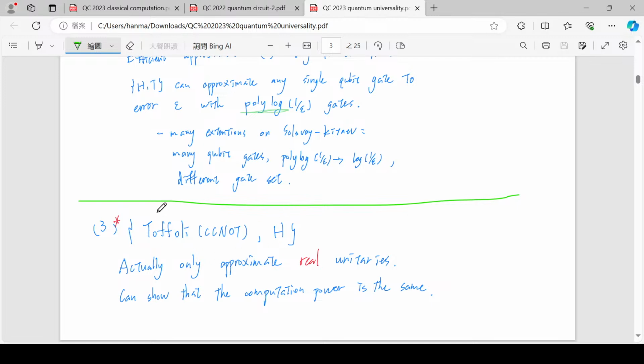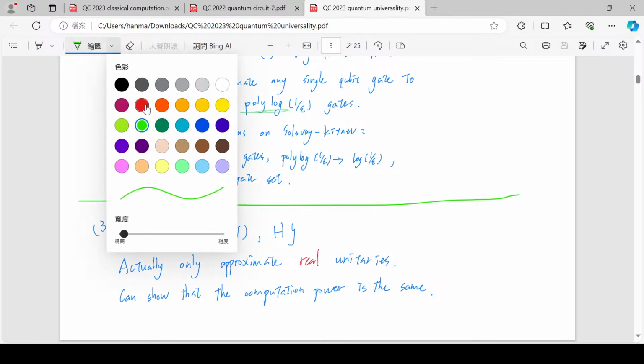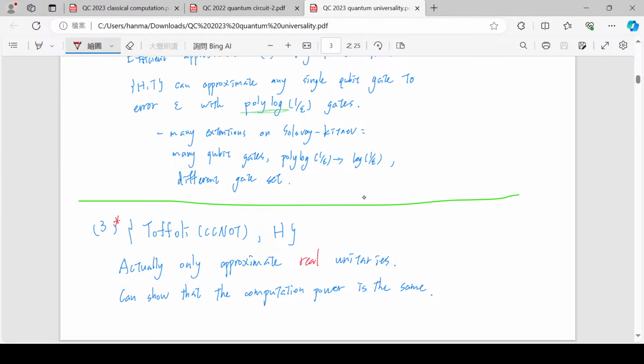And yeah, so I guess one of the good things about this, maybe I'll list a good thing here: you only have two gates here.